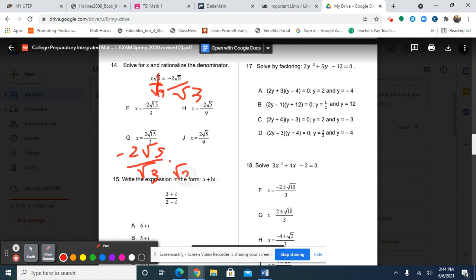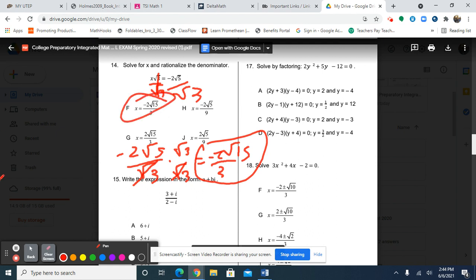So what we need to do is we need to simplify this by multiplying by square root of 3. So on this bottom here, what's going to happen is that the square roots cancel out. So we have 3 on the bottom. And then at the top, we can say square root of 5 times square root of 3 is square root of 15. So negative 2 square root of 15 over 3.